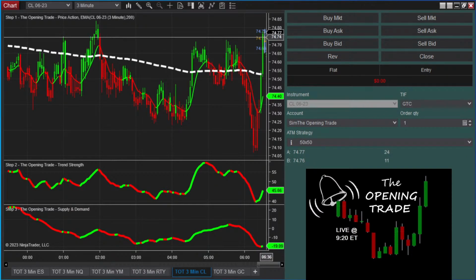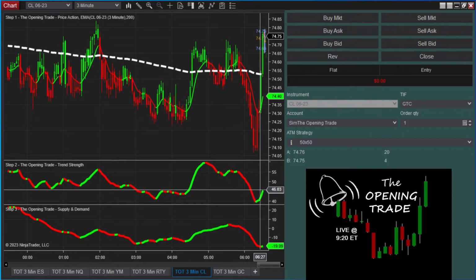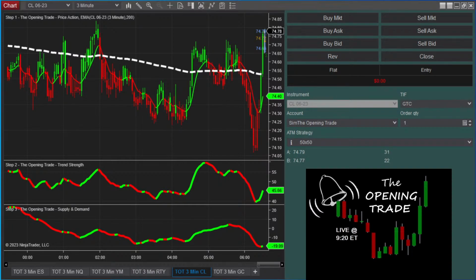So if I'm above the 200 period EMA, I need to see a red candle and a red step 2 and a red step 3, and then I would take a manual trade. But as you see, we're above the 200 period EMA, and our candles are not red, they are green.